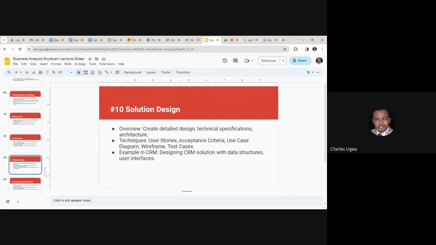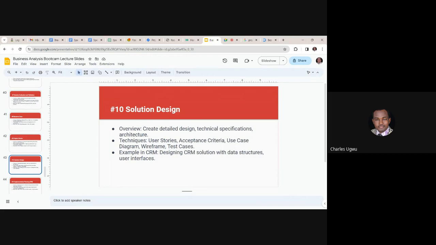Mainly the people doing this are what we call technical business analysts or solution architects. Some call it software engineer. These are the people that do that. If you are a business analyst, you can still do it, but under this nature, you are no longer a conventional business analyst.